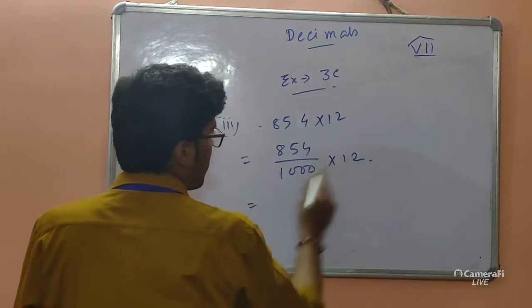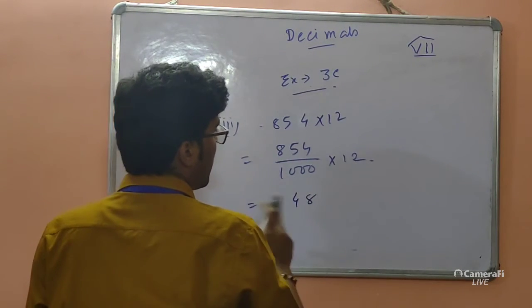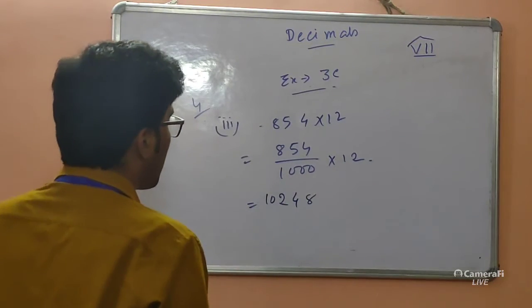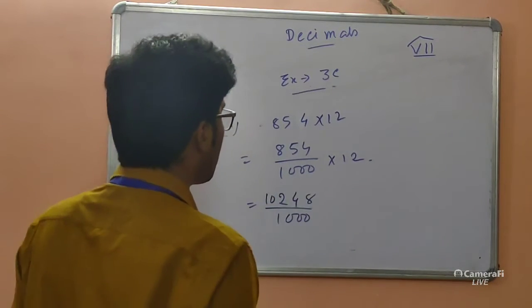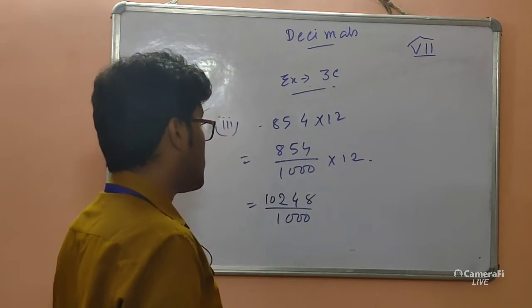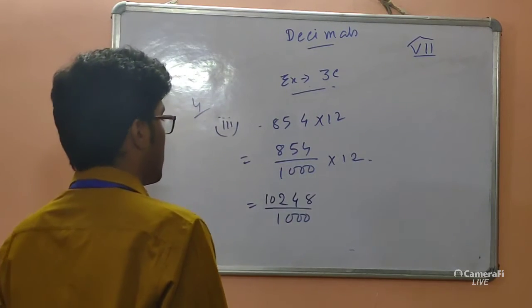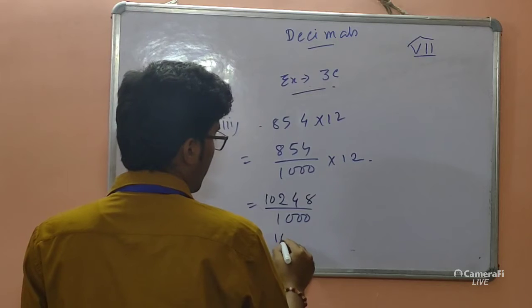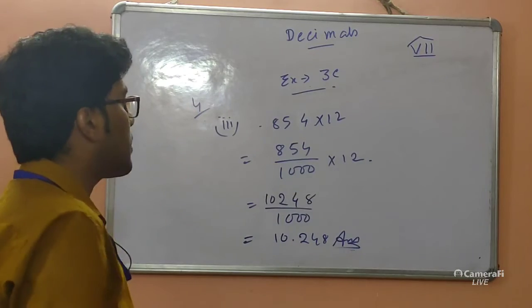Now multiply this one, multiply right here. So 3 points. So from the right, after 3 places we'll give the point. So that's your answer. Understood?